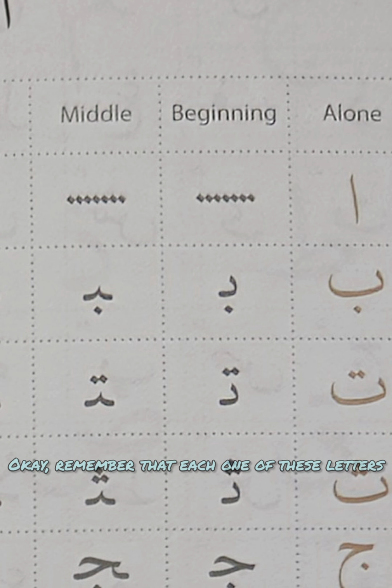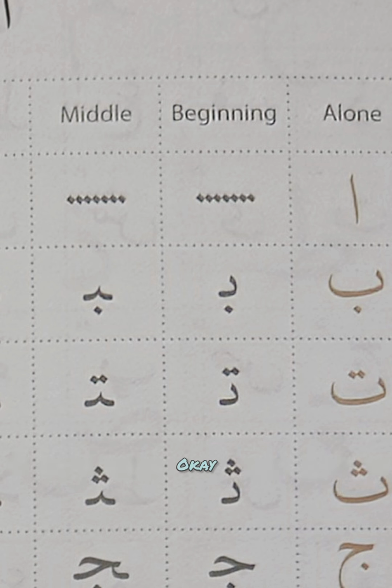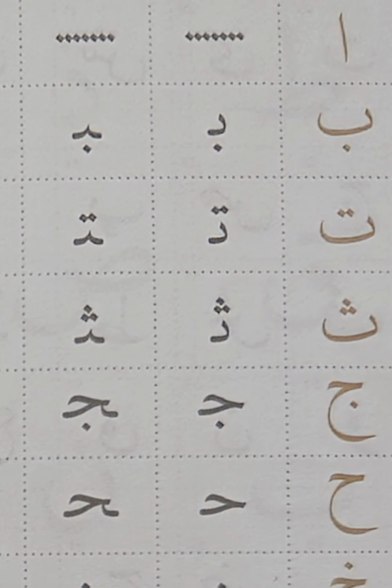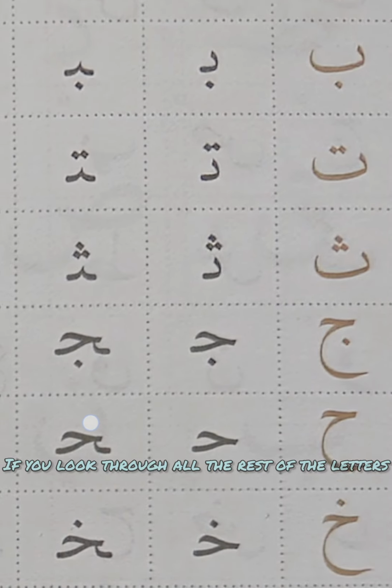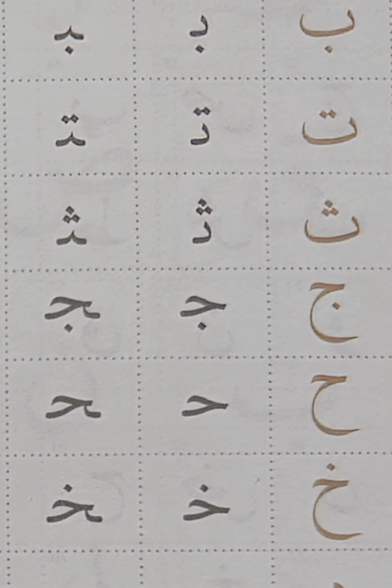Remember that each one of these letters has a unique trait of its own. Even ba at the beginning has its own unique look. If you look through all the rest of the letters, they all have their own look.